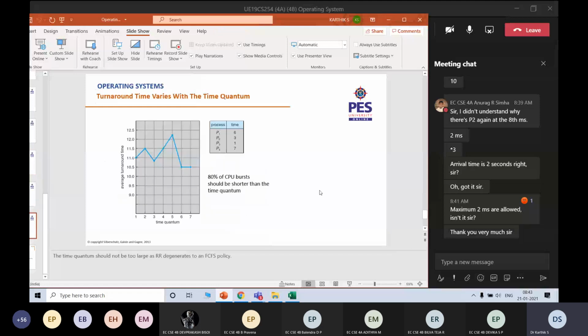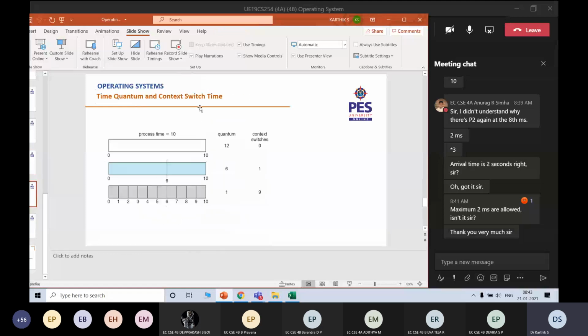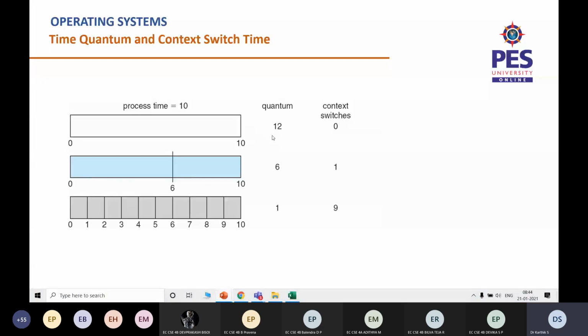So one thing is the effect of time quantum on context switching. See, let us consider a process which requires 10 milliseconds, and consider a time quantum of 12 milliseconds. So what will happen?